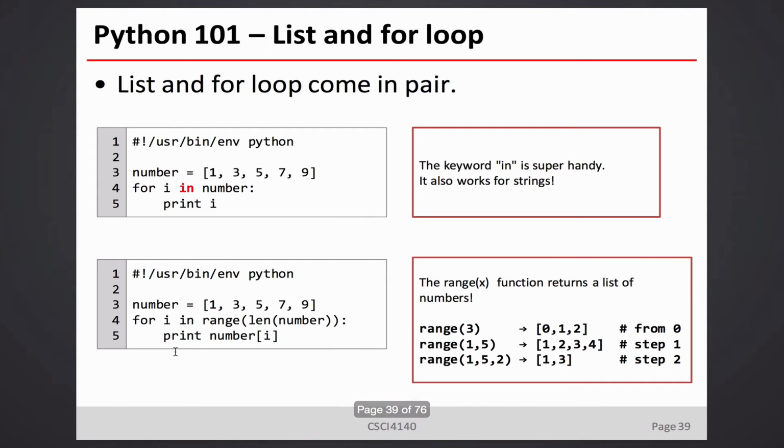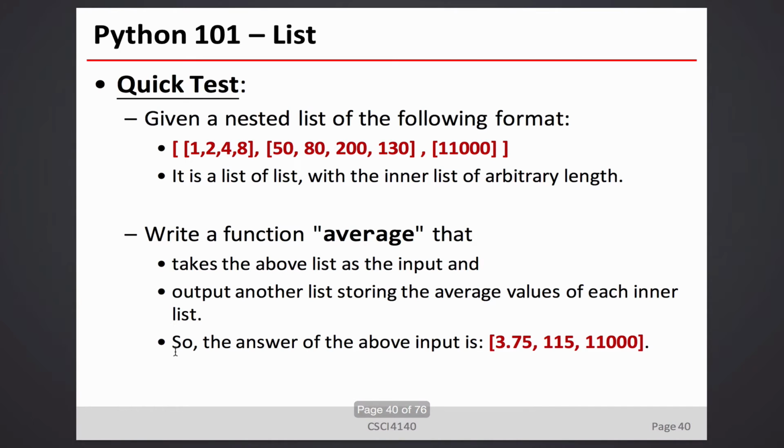Now I give you a challenge. Challenge is like this. I give you a set of numbers, an array of arrays, okay, or a list of lists. For each member list inside a bigger list, please calculate the average of it.